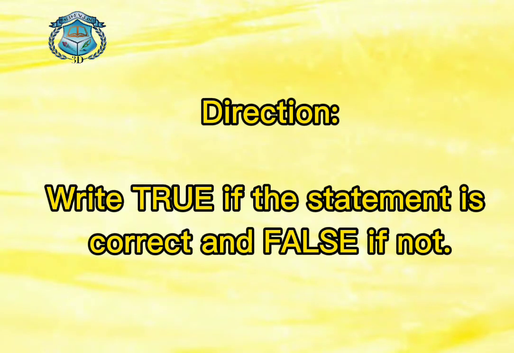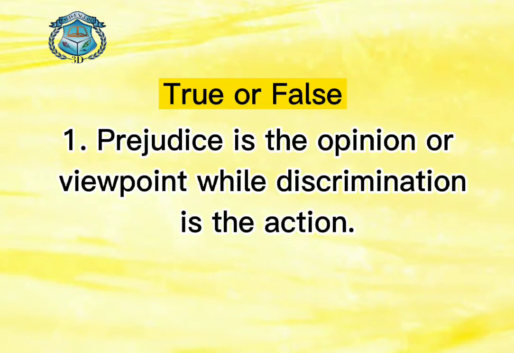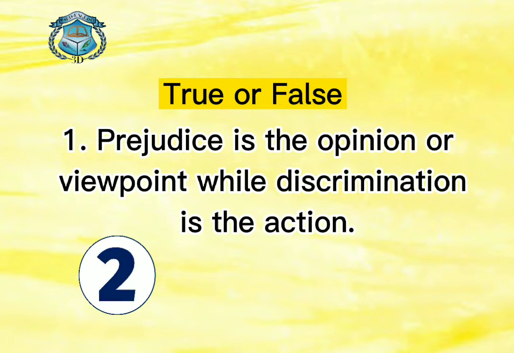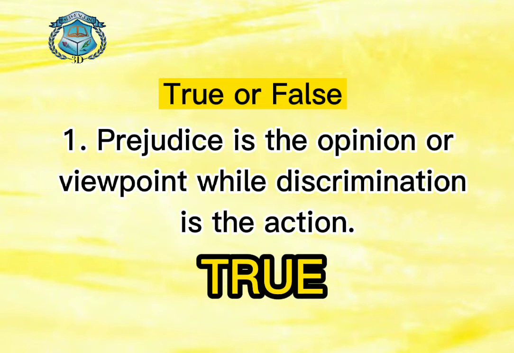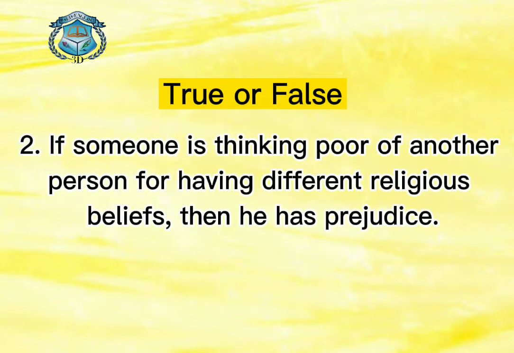Direction. Write true if the statement is correct and false if not. Number 1. Prejudice is the opinion or viewpoint while discrimination is the action. The correct answer is true. Number 2.